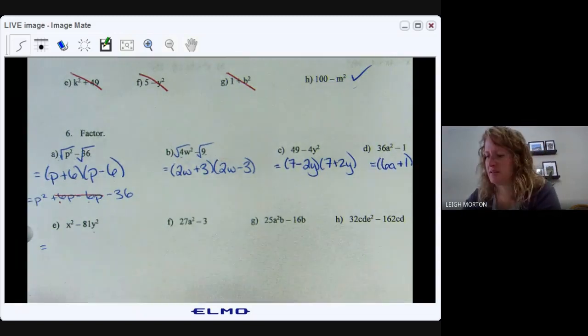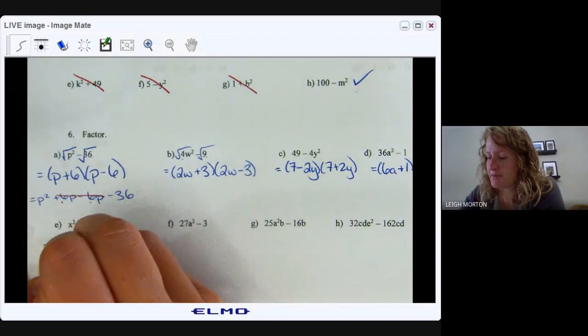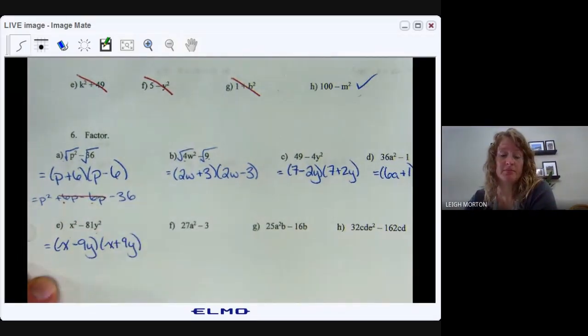Yeah, good job, Anna. So x minus 9y times x plus 9y. They're still perfect squares, even though they've got an extra variable.